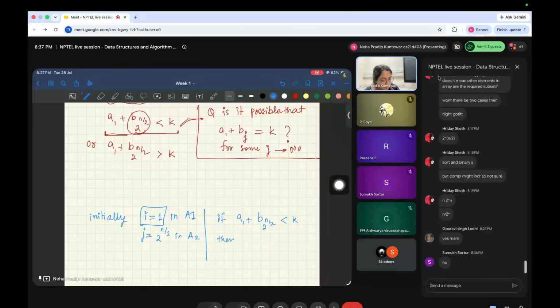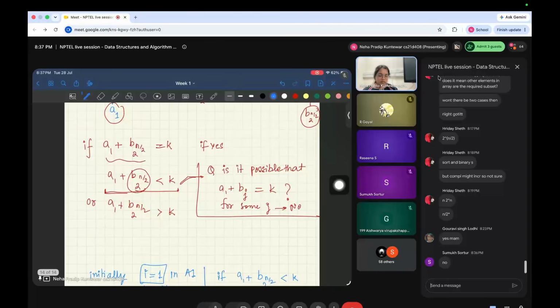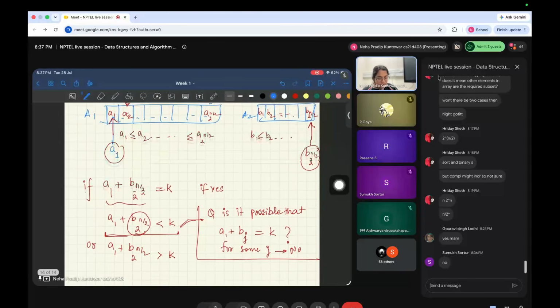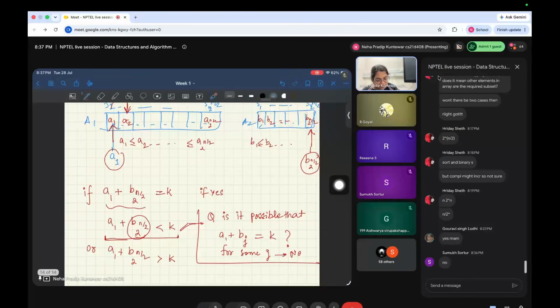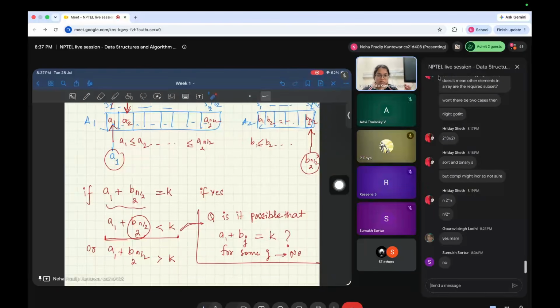Then i is equal to i plus 1. That's what you should do and continue the search. Okay, now let's look at the other case. Let's say that a1 plus this sum is larger than k, it's larger than the value you're looking for. Then what does this say about it? Can you do a similar analysis here and increment or decrement one of the pointers?